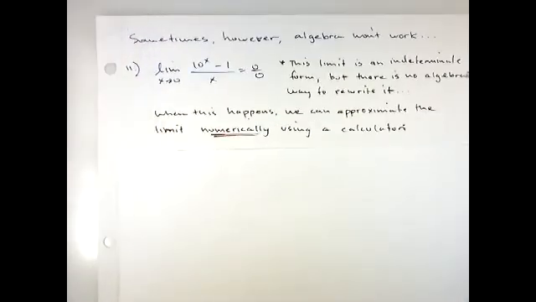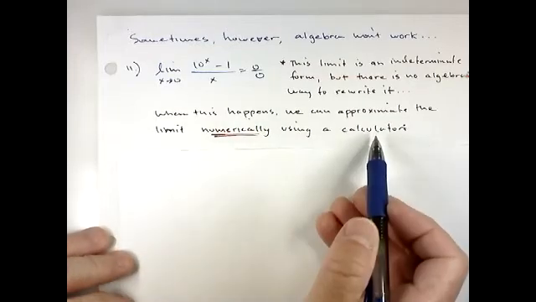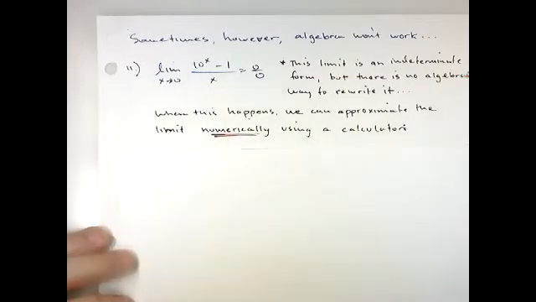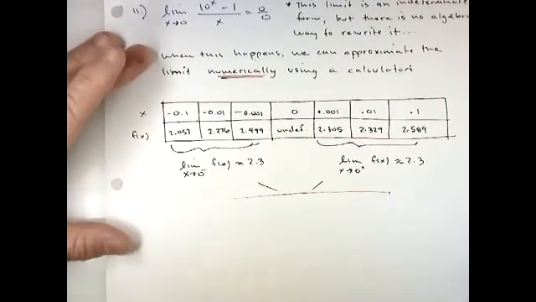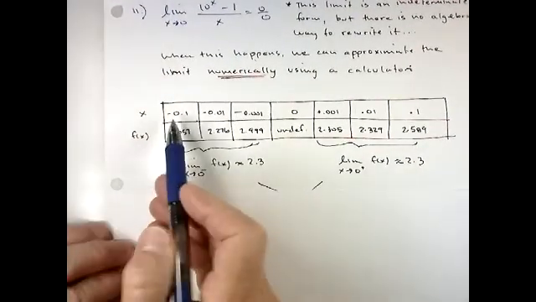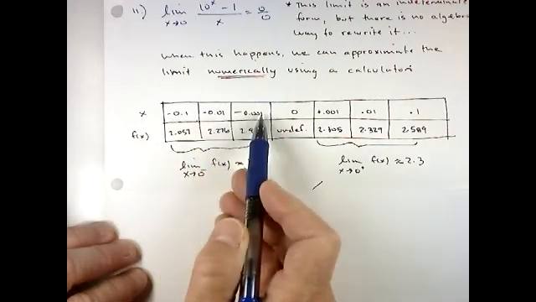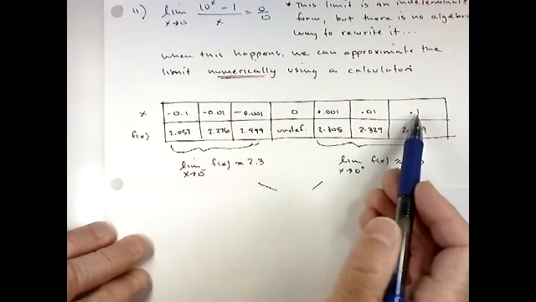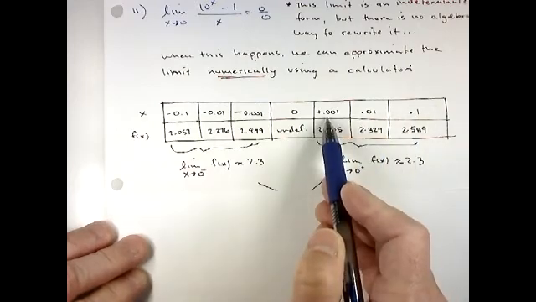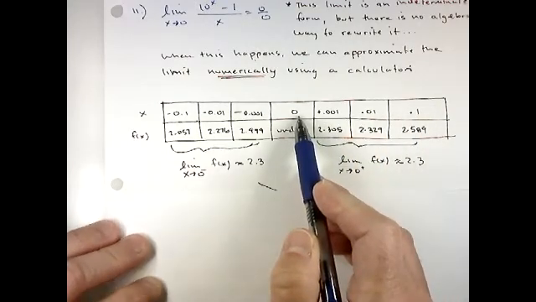And so what you can do, and I think it's important to acknowledge that you can answer limits numerically with a calculator. So if you pulled a calculator out and you took some x values to the left of 0, notice they're getting successively closer to 0 from the left side, and my positive values are getting successively closer to 0 from the right side.